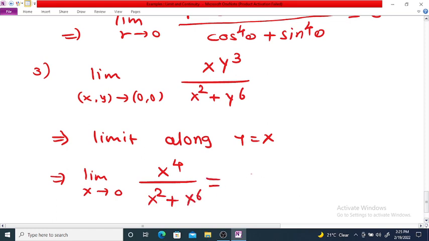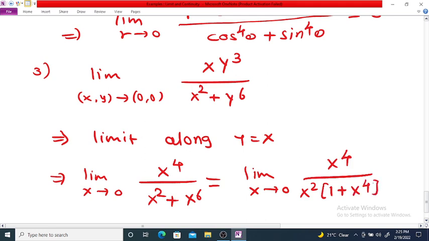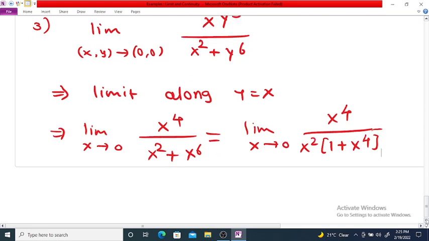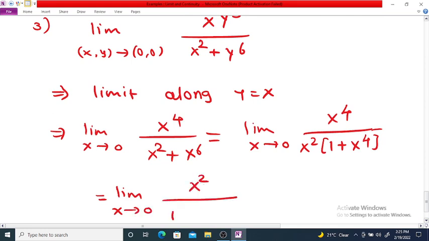So this is equal to limit x tends to 0 of x raised to 4 divided by x square times 1 plus x raised to 4. So what happened here? X square gets cancelled. This is equal to limit x tends to 0 of x square divided by 1 plus x raised to 4. If we take limit x tends to 0, this becomes 0 divided by 1, which is equal to 0. So limit along y equal to x is 0.